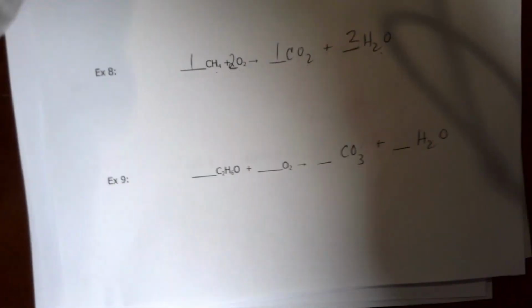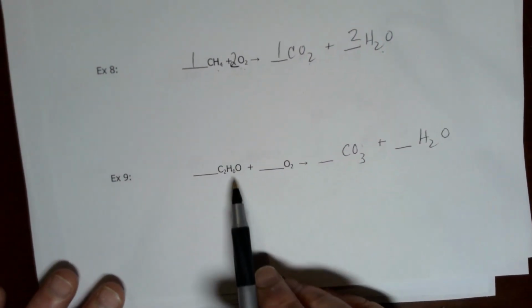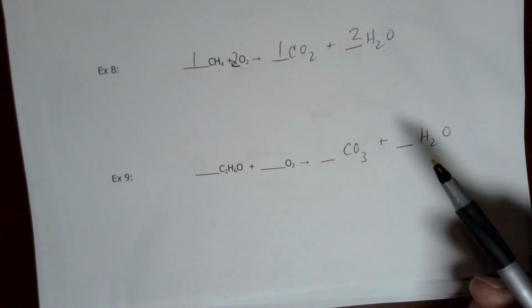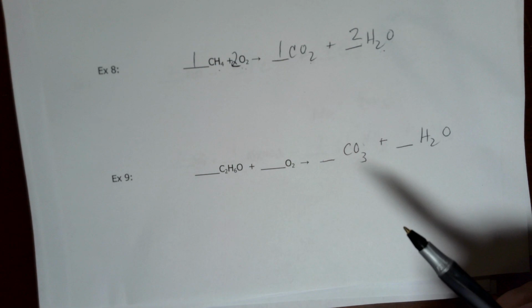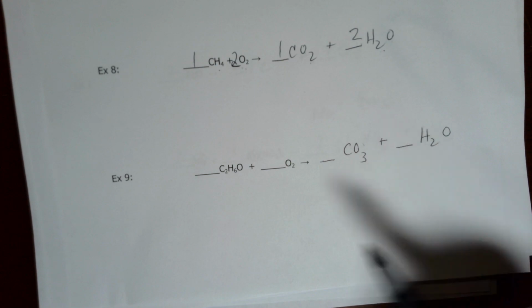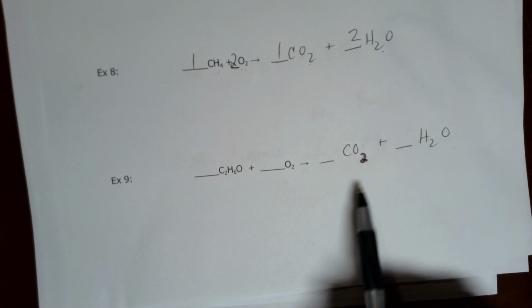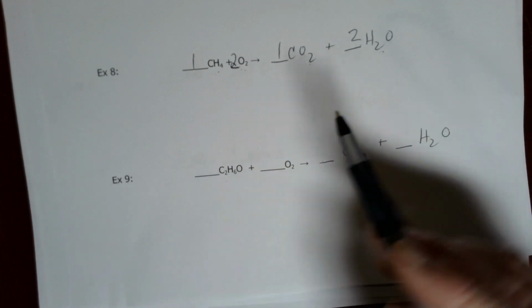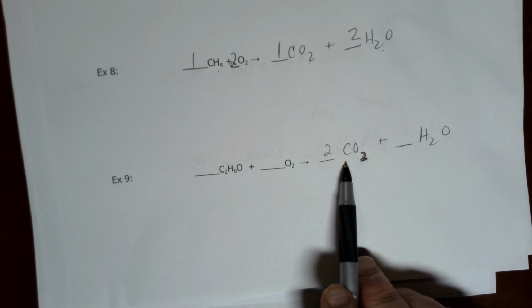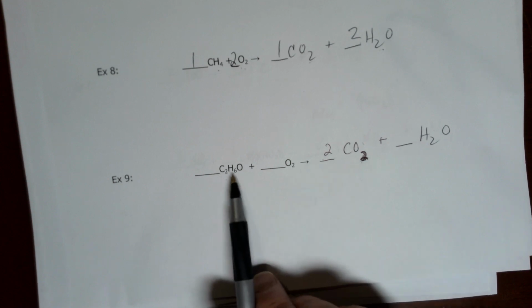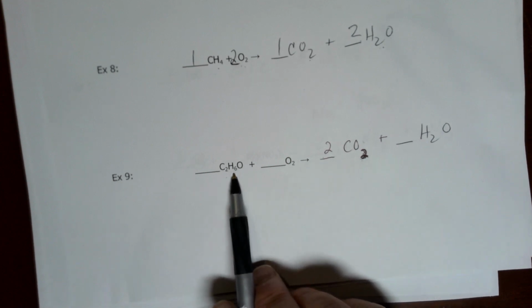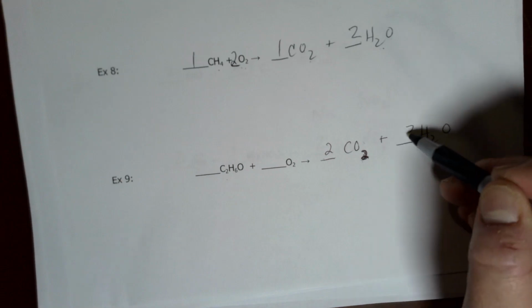Last equation here, we have C2H6O, and this one is going to make CO3, that's supposed to be CO2. We've got 2 carbons, so we've got to put a 2 right there. We've got 6 hydrogens, so we're going to have to put a 3 here.